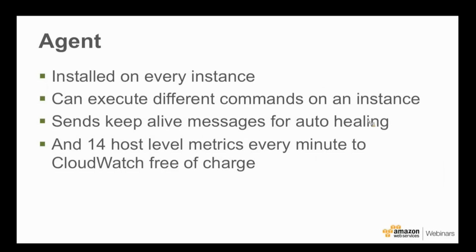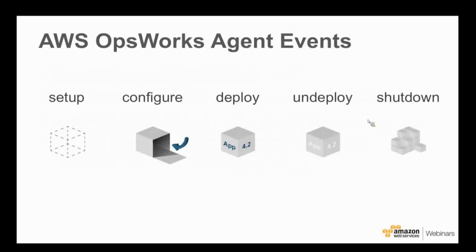The commands that the agent reacts to describe important events in an instance's life. So there's a setup event to get a server from the plain vanilla state to become a web server or a database or whatever you want it to be. The configure event, which updates the server's configuration on changes in the stack.